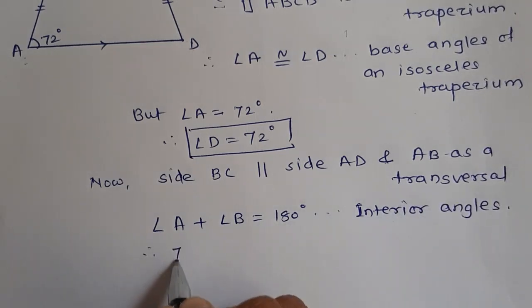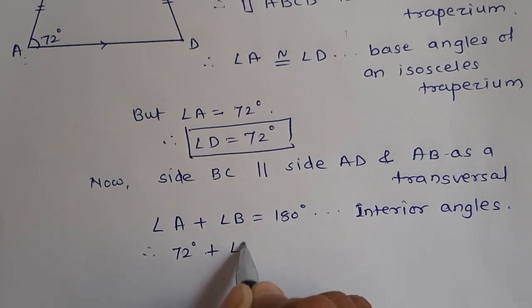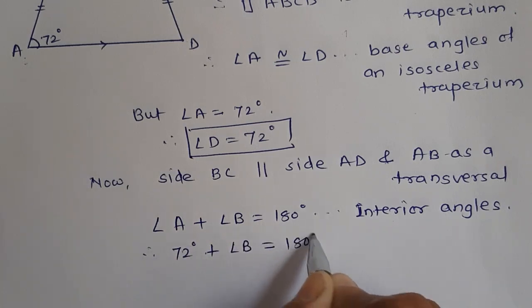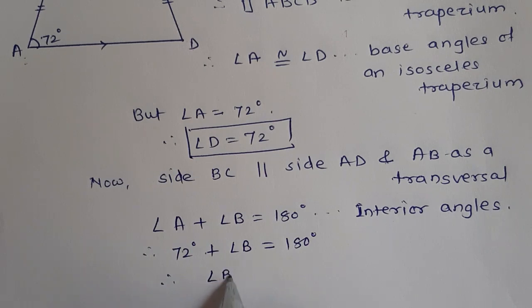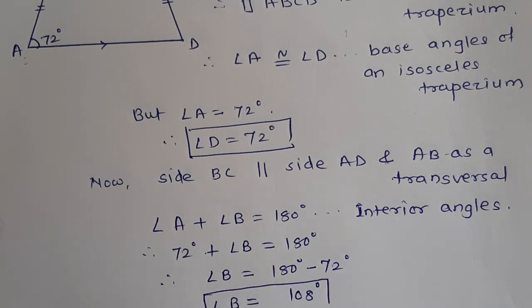Angle A is given as 72 degrees, plus angle B equals 180. Therefore, angle B equals 180 minus 72, which is nothing but 108. In this way, we can get the value of angle D and angle B.